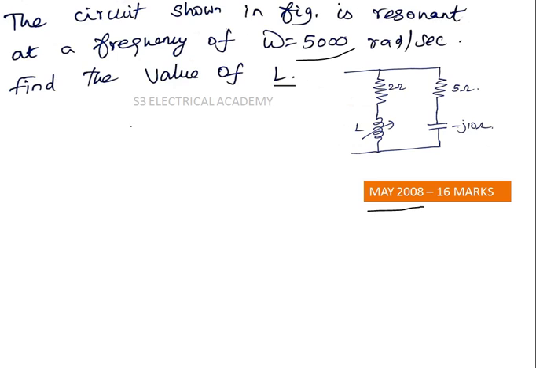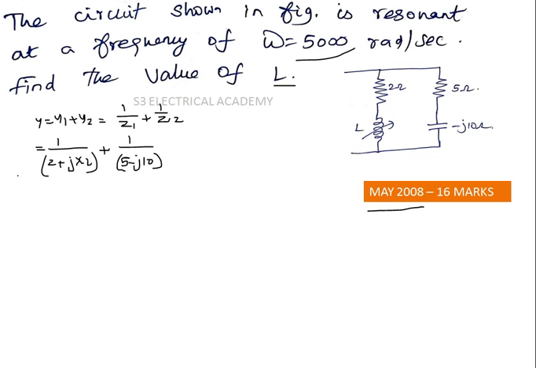So same thing. Admittance Y is equal to Y1 plus Y2, that is 1 by Z1 plus 1 by Z2. What is the total impedance of the first leg? 1 by 2 plus J into XL. Second leg, 1 divided by 5 minus J10.